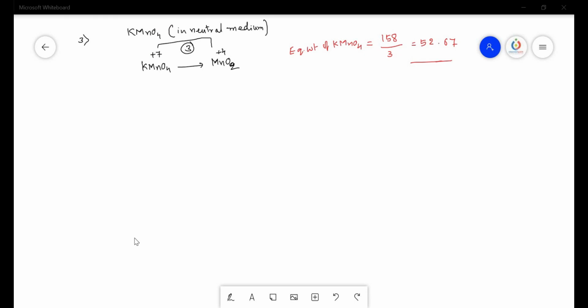Now let us discuss the methods that are helpful in determining the equivalent mass.